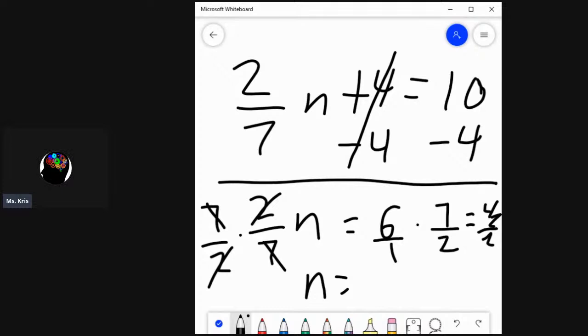Or I can cross out my 6 and my 2 because 6 and 2 both have a number in common. 2 will go into 6 3 times. 2 will go into 2 1 time. 3 times 7, that gives me 21. 1 times 1 gives me 1. And of course, 21 over 1 is still 21.